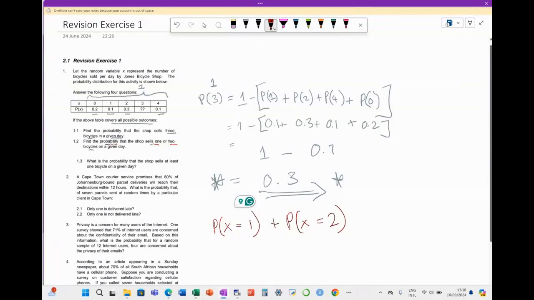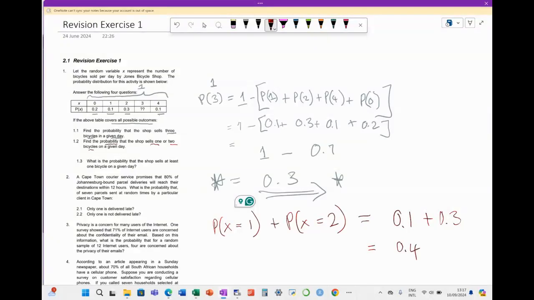Either one of these, so we have to combine them. What is the probability of selling 1 bicycle? 0.1. And the probability of selling 2? 0.3. Which then means this equals 0.4. We have a 40% chance of either selling 1 or 2 bicycles. Makes sense?